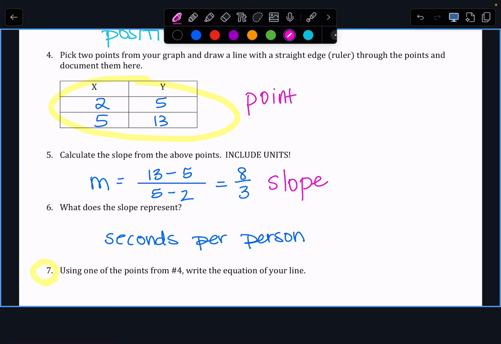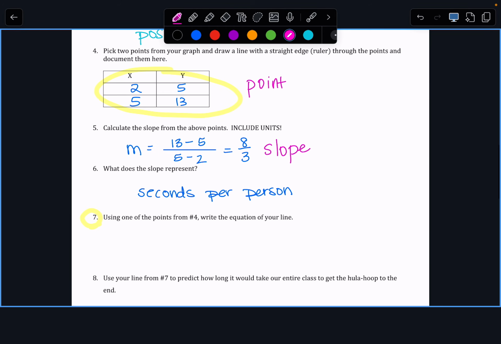Does it matter which point you pick? It does not. Use point slope form and then get it into y equals mx plus b. You're writing me the equation of the line that has the slope of 8/3 going through those 2 points. This is something you did on your quiz. It's something you got to do Friday on your test.